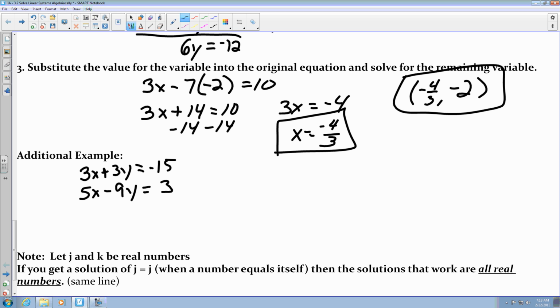So they want me to eliminate one of them. I notice that if I were to multiply my top equation by 3, I could eliminate my y because I'd have the opposite coefficients of 9 and negative 9. So that's what I'm going to do. I'm going to multiply this whole thing by 3.